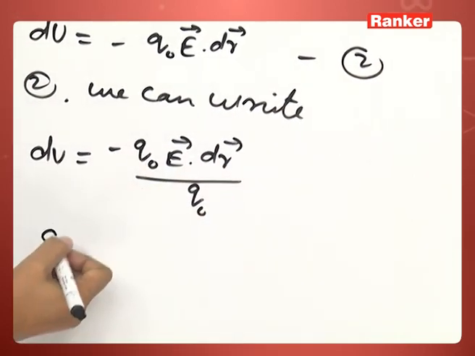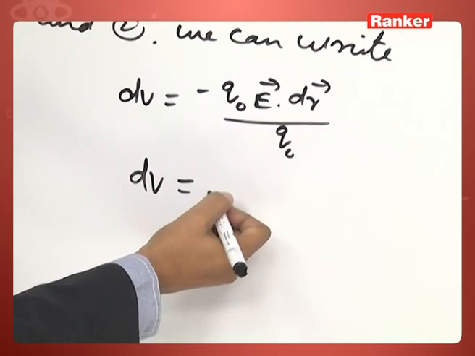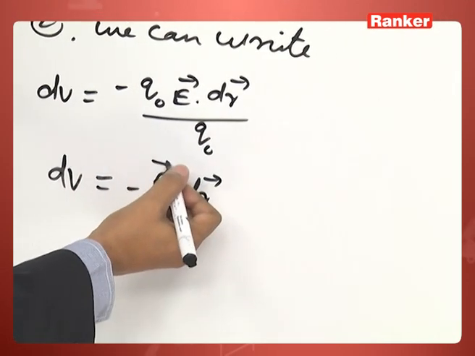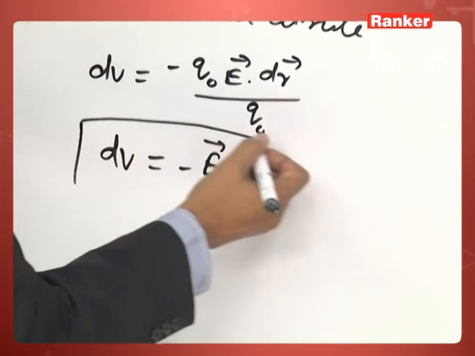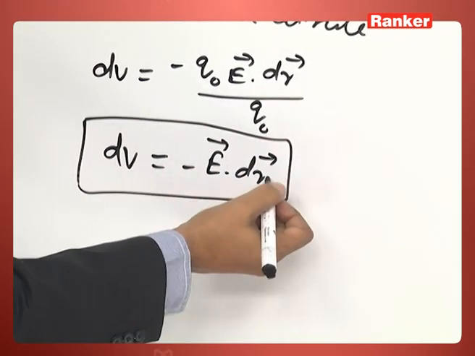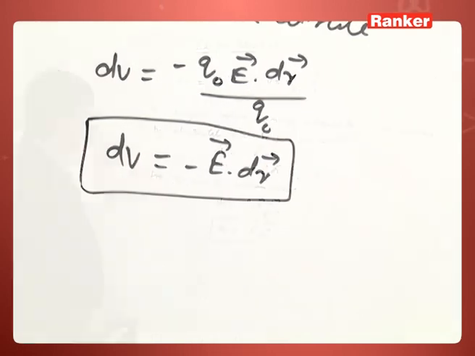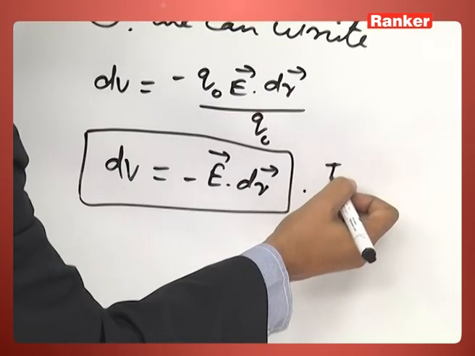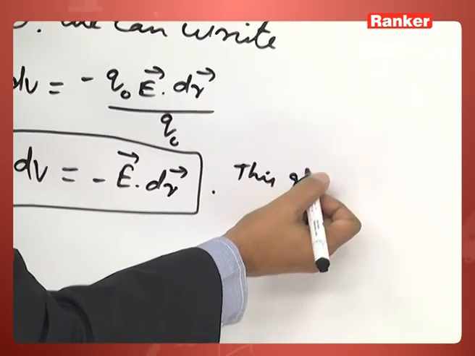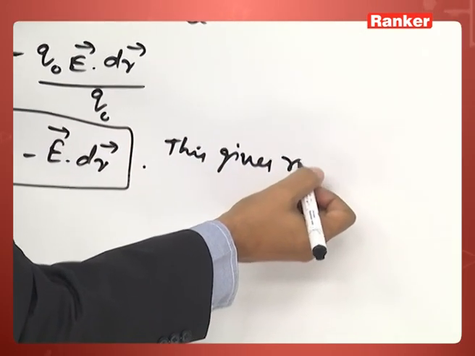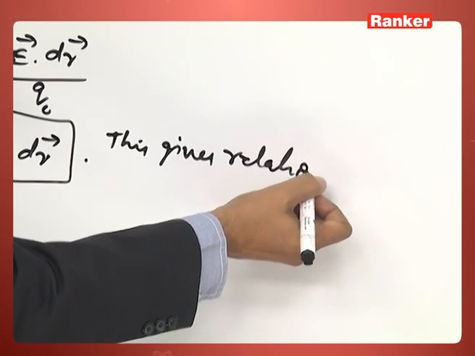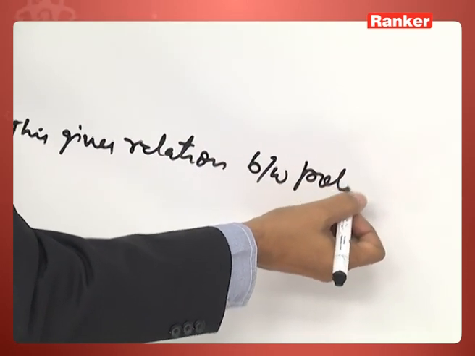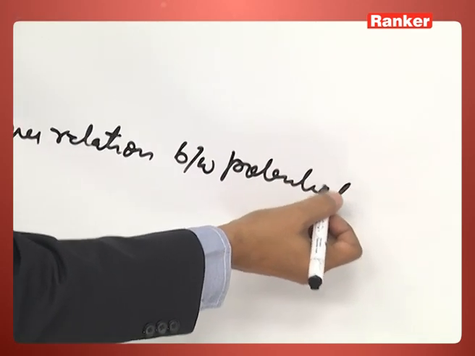So this becomes dV is equal to minus of E dot dr. This is a very interesting and very useful result, and this can be said as a relation between potential and electric field. This gives the relation between potential and electric field.